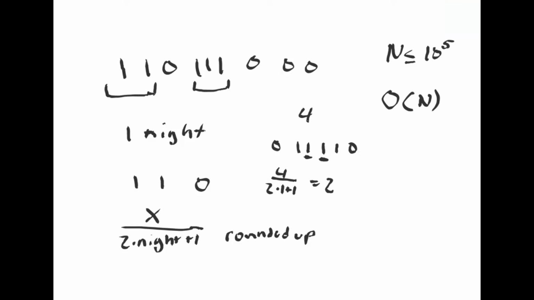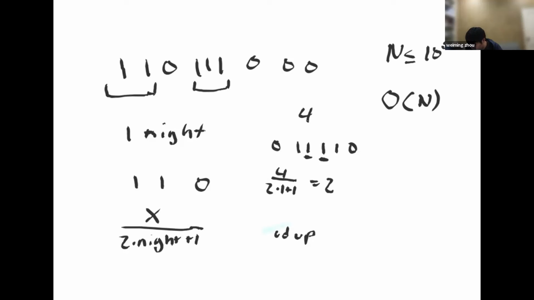Yeah, wait, so what was the intuitive thought process to get x over 2 times n plus 1? Oh, sure. Let me erase a little bit.